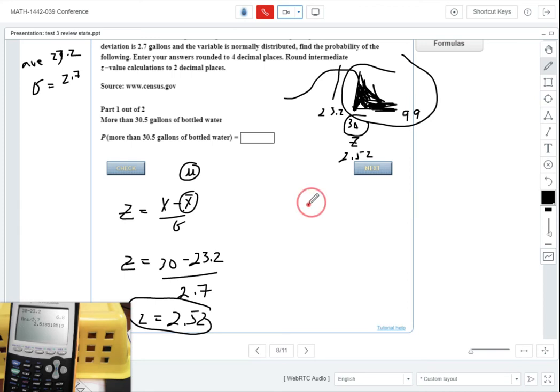So on our calculator, we're going to go to second vars again. Let's do that on my calculator here. Second vars, number 2, normal CDF.